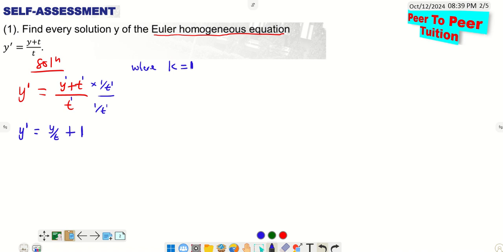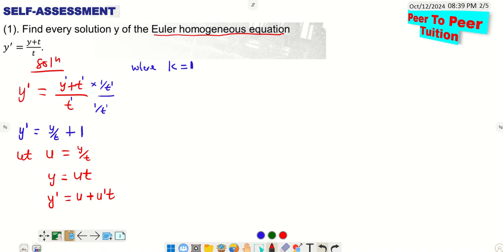From here we can let u be equal to y on t. Make y the subject. We have y is equal to ut. Now let's find y prime. To differentiate this, using the product rule, hold u and differentiate t, you get u, plus hold t and differentiate u, you get u prime multiplied by t.